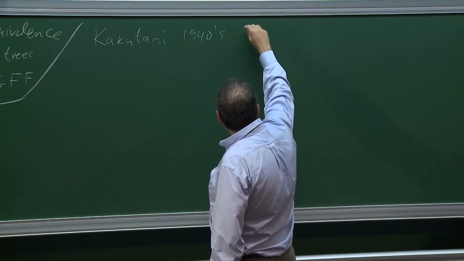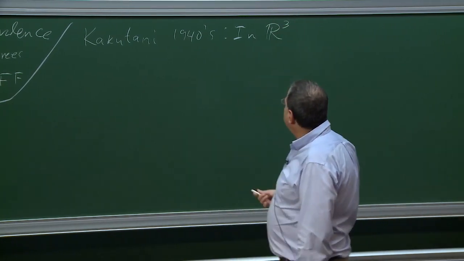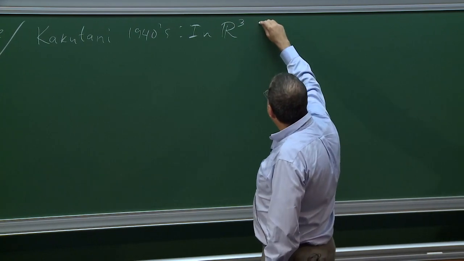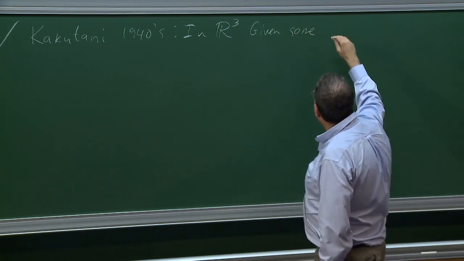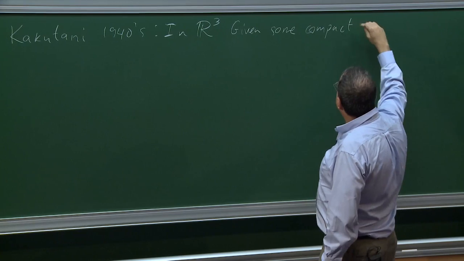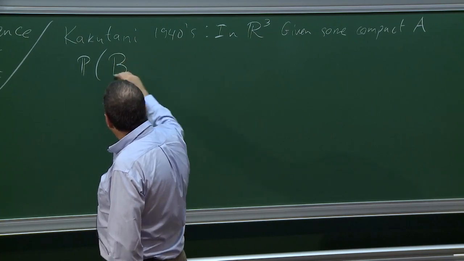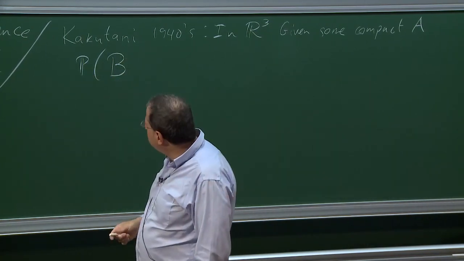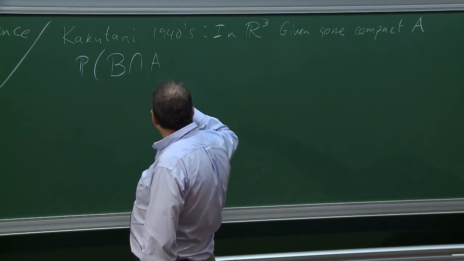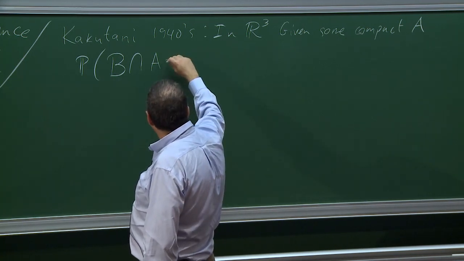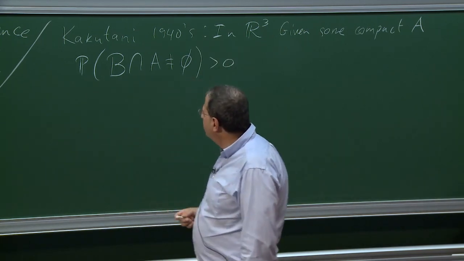Just to be concrete, I want to focus on R3, so I'm given some compact set A, and I want to know when does Brownian motion, so B will just be the path of Brownian motion, hit the set A with positive probability.